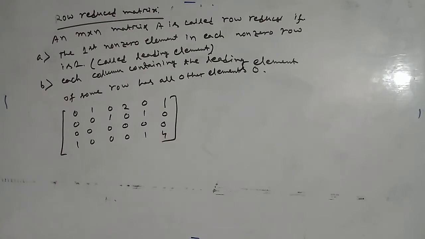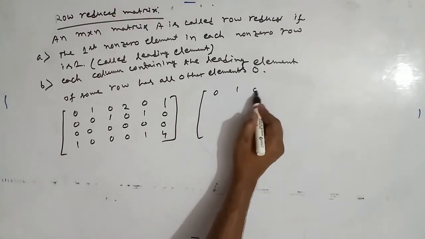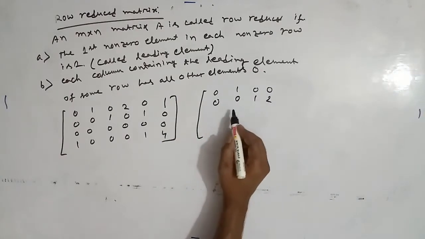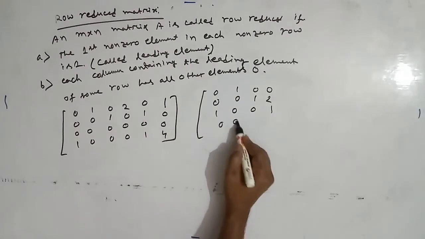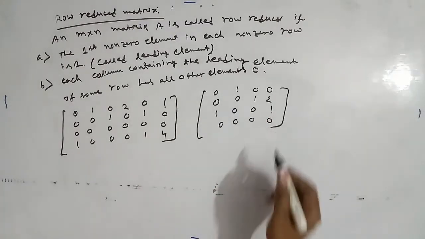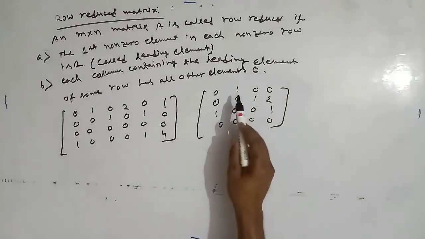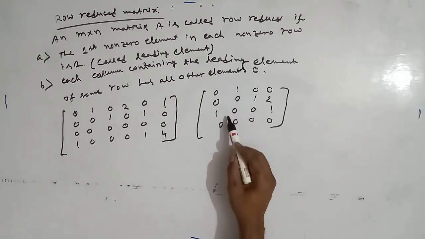Another example of a row reduced matrix: 0 1 0 0, 0 0 1 2, 1 0 0 1, 0 0 0 0. Now see, in the first row the leading element is this, contained in the second column, so all other elements are 0.